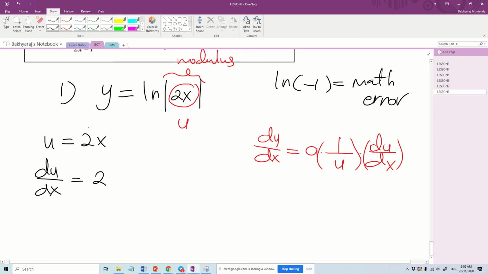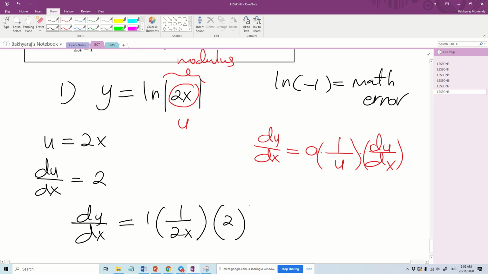So my answer dy/dx will be a, which is 1, times 1 over 2x, times 2. What is my last answer?